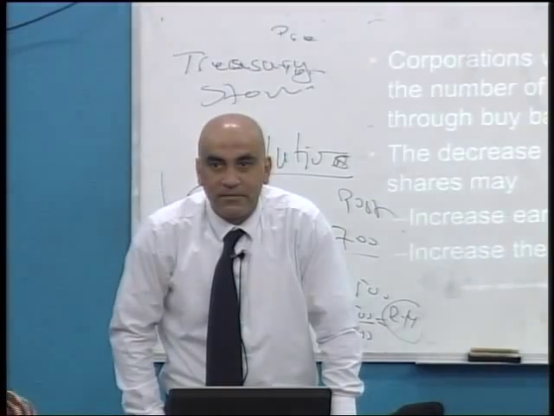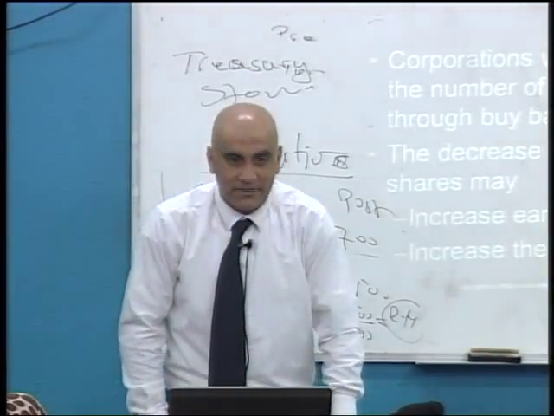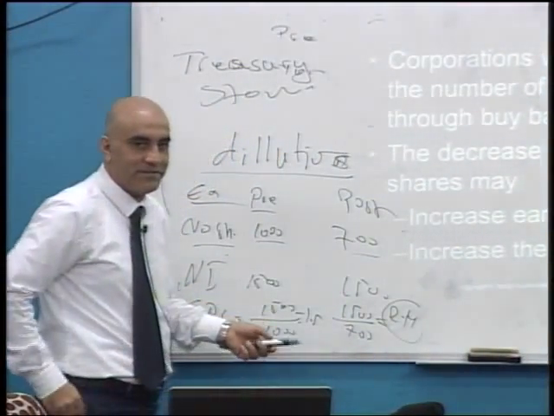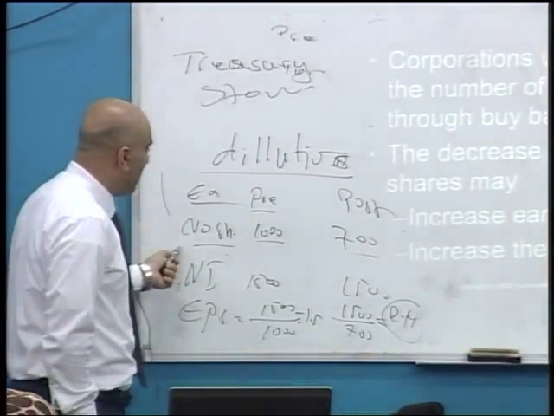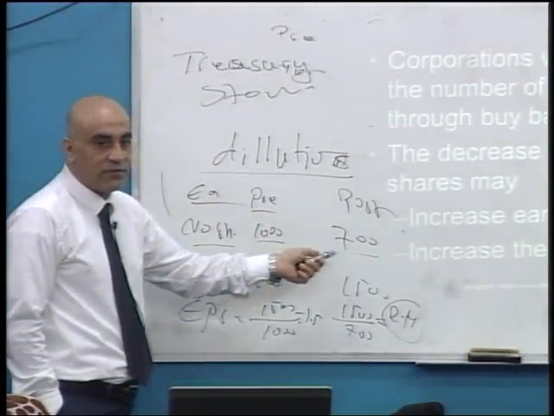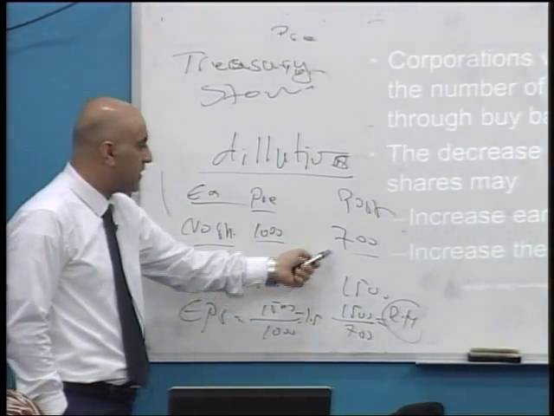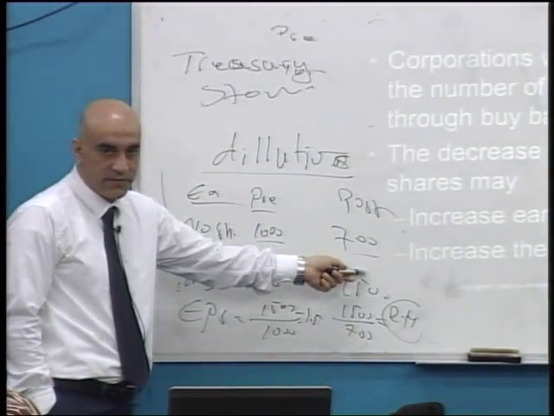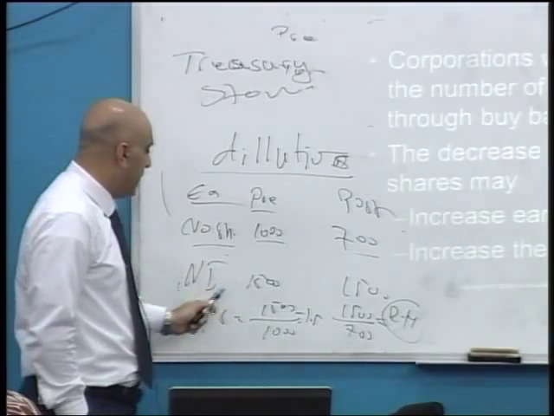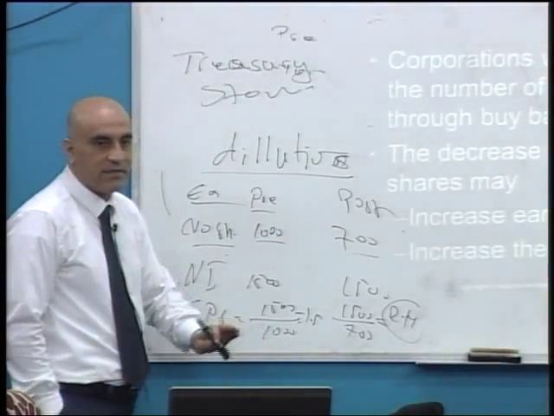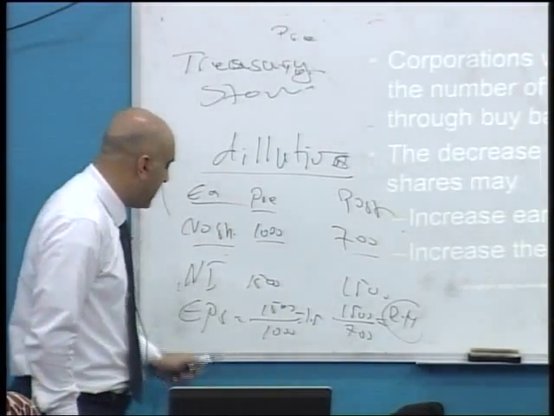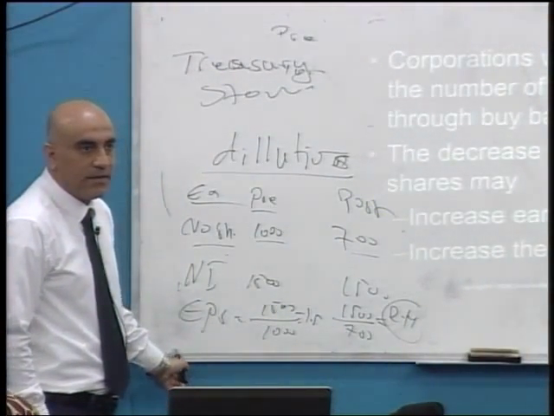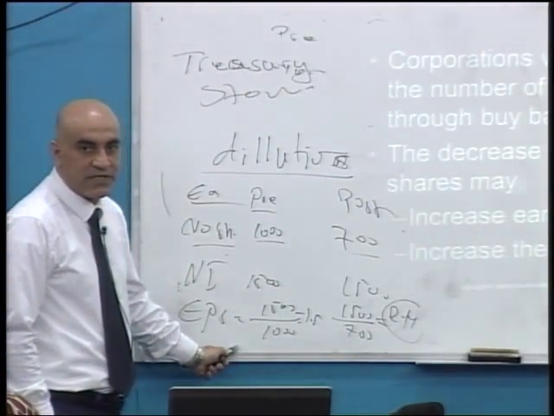Okay? Again, it's very simple. We repurchase 300,000 stocks. So the number of shares becomes 700. And the net income, we fix the net income, 1,500 and 1,500. Now calculate the EPS. The net income divided by the number of shares outstanding.